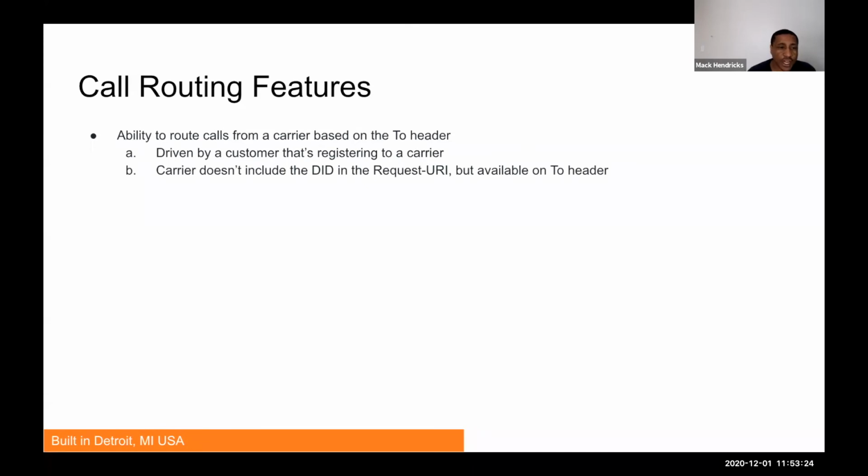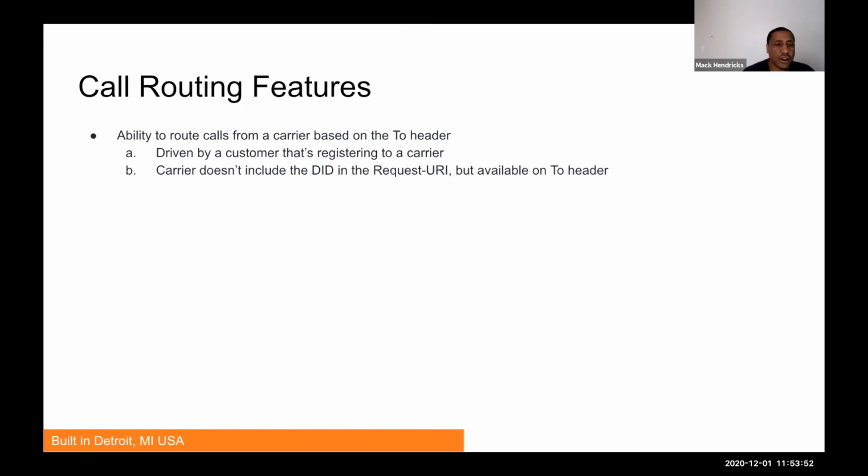The other thing, another big feature that people wanted, was the ability to do call routing based on something other than the request URI. We had a number of customers using different carriers, usually outside of the US.